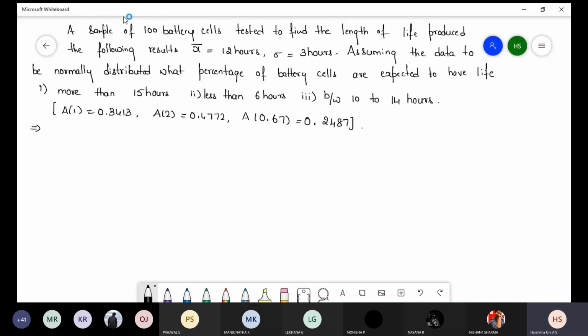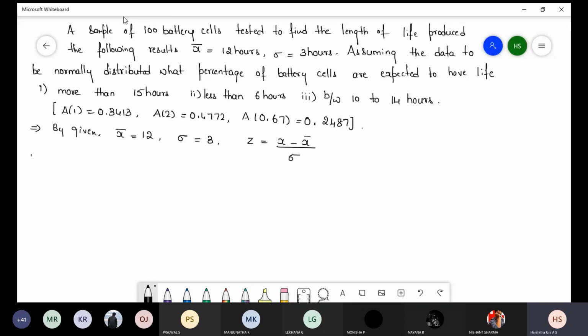Now, we will write the given data. Instead of mu, they have mentioned it in the form of X bar. We will write X bar is equal to 12, sigma is equal to 3, and the standard normal deviate is X minus X bar divided by sigma.